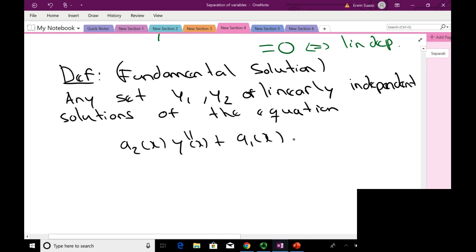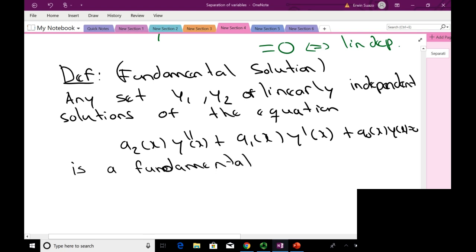So this also depends on x, no? Any set y1, y2 of linearly independent solutions of this equation is a fundamental set of solutions.